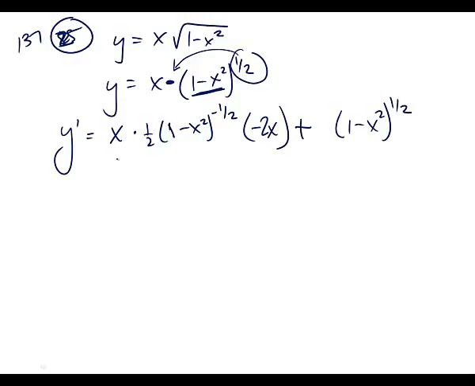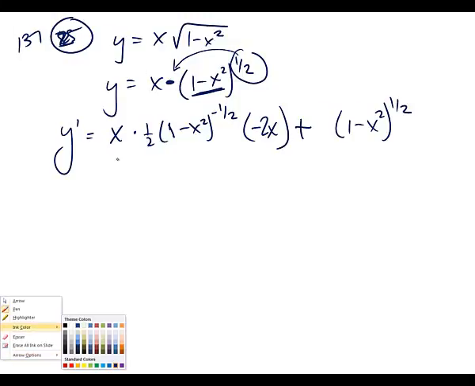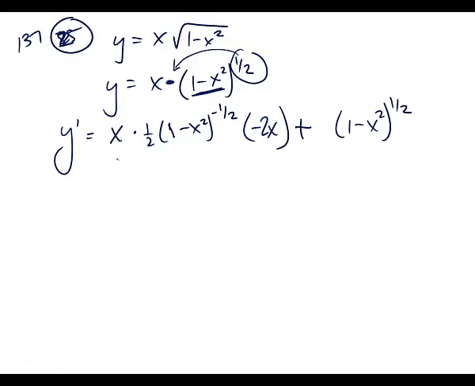We could, right? This 2 and that 2 would cancel. I would be left with negative x squared over the square root of 1 minus x squared, because that comes downstairs, plus the square root of 1 minus x squared. I would take both of those answers, but if you simplify and you simplify wrong, I have to take points off. So don't simplify.